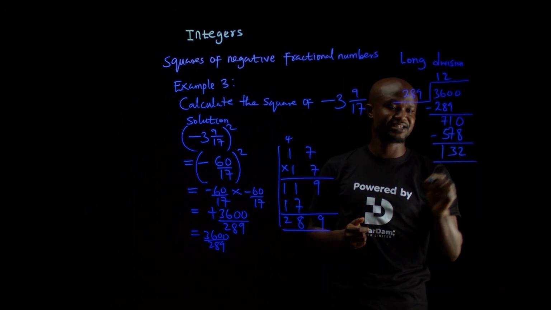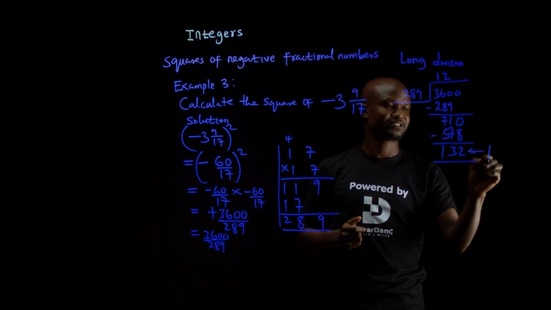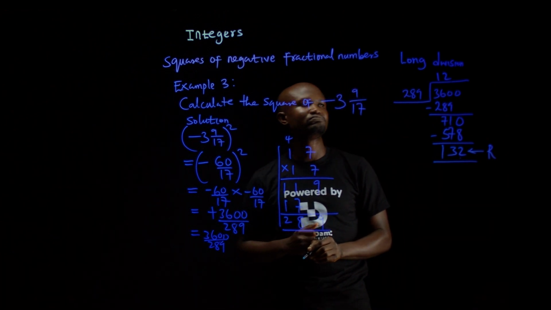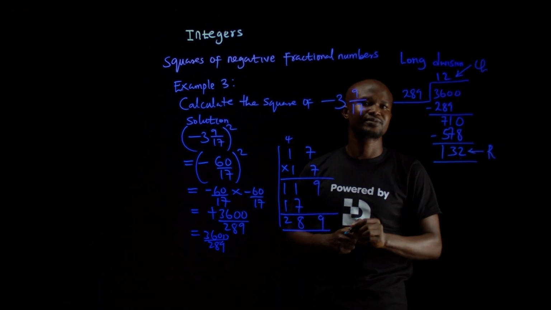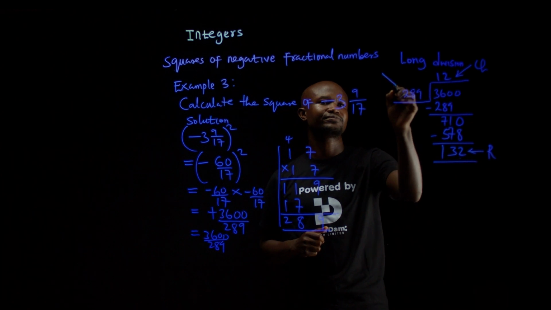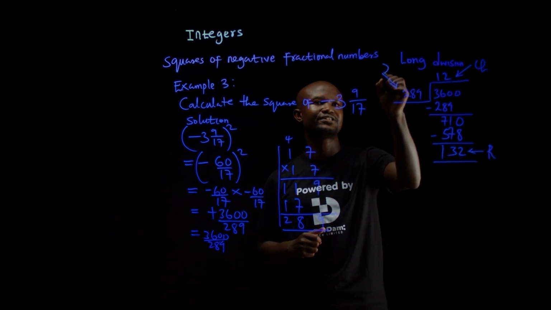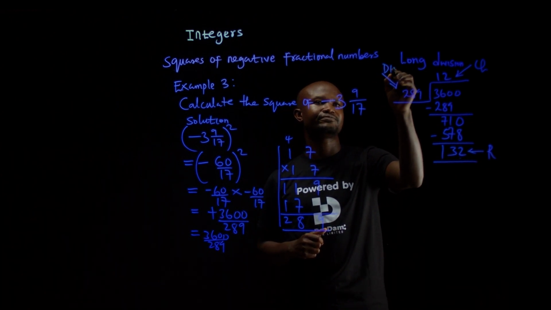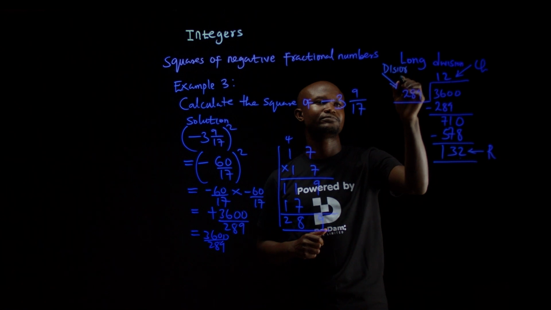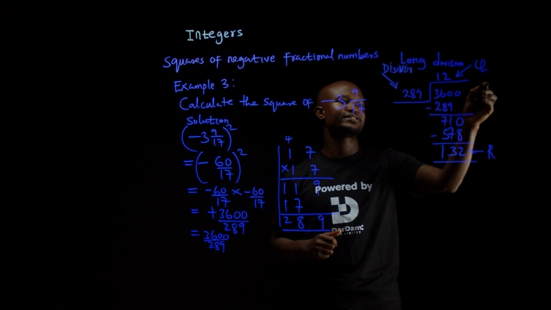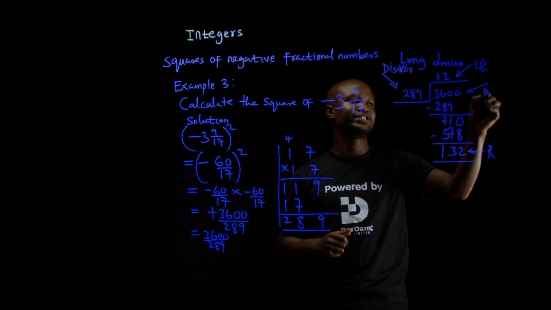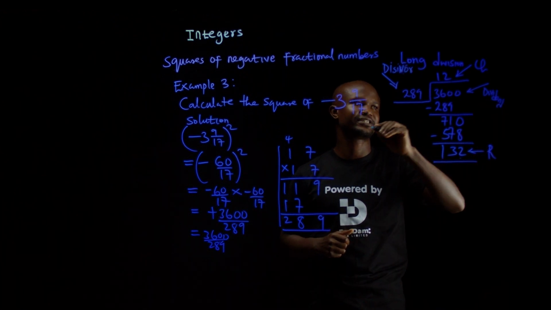This remainder R, and this is what we call quotient Q, and this is your divisor. And don't forget, this is our dividend.